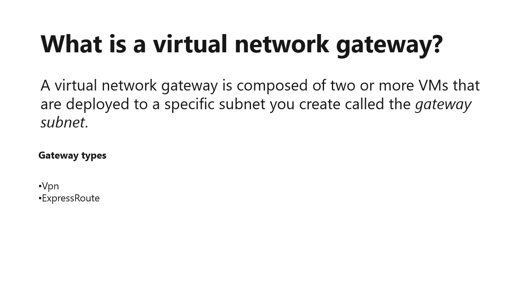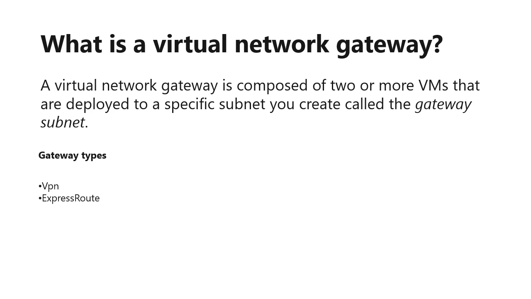So what are the different types of gateway you can choose from? One is VPN, which has further categories like route based and policy based, which we are going to learn soon. And then there is ExpressRoute. In one virtual network, you can have only one gateway of each type.